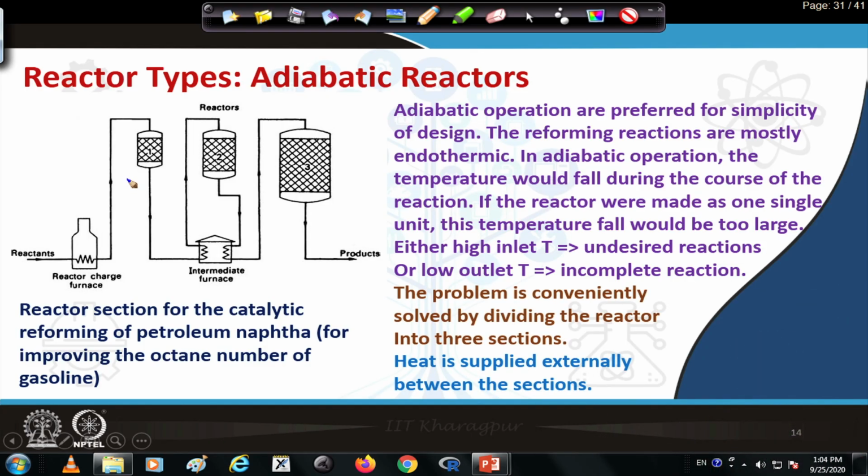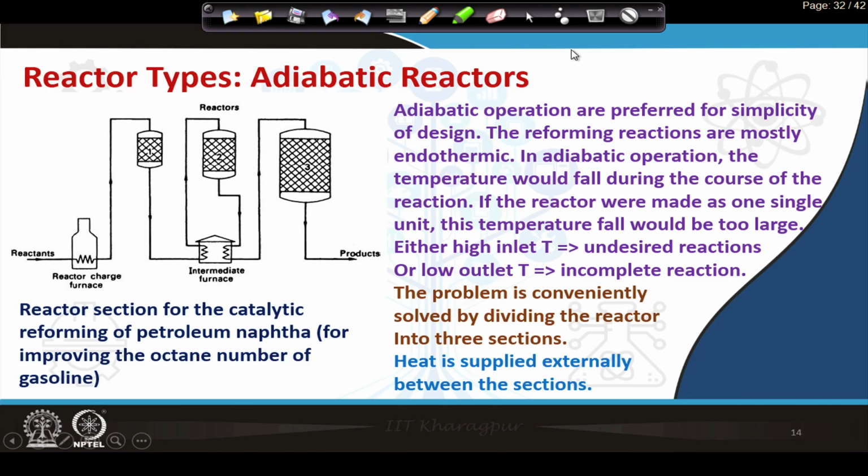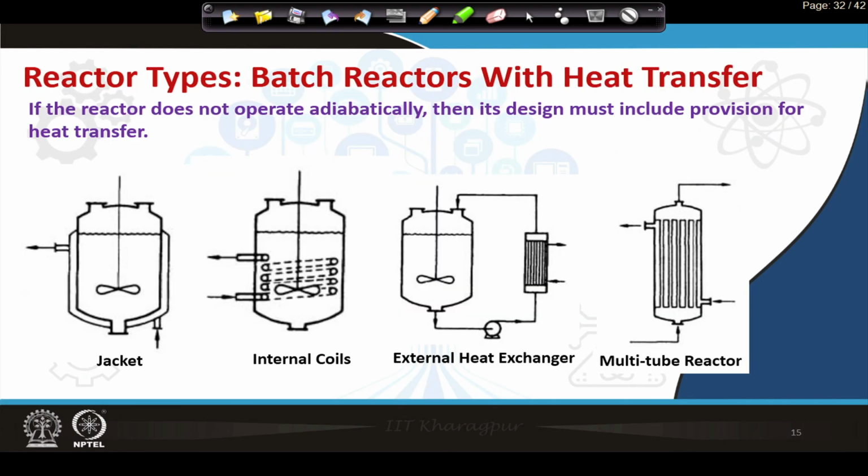Note in the figure, the reactor has been divided into 3 sections 1, 2 and 3, and heat is supplied externally between the sections using an intermediate furnace. So, such considerations should be there during the design process.